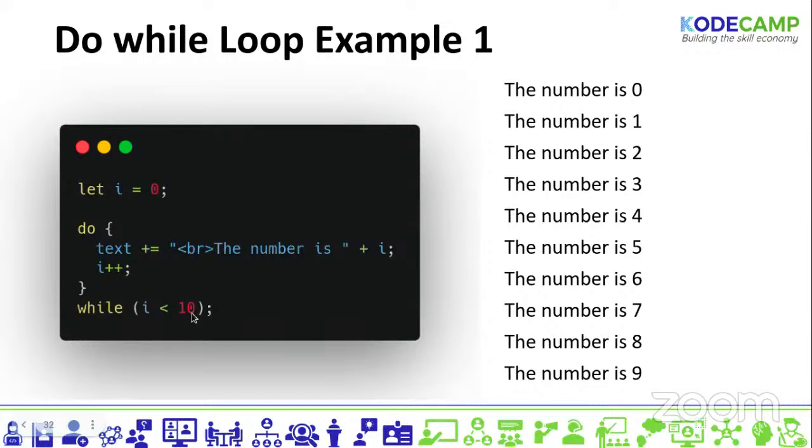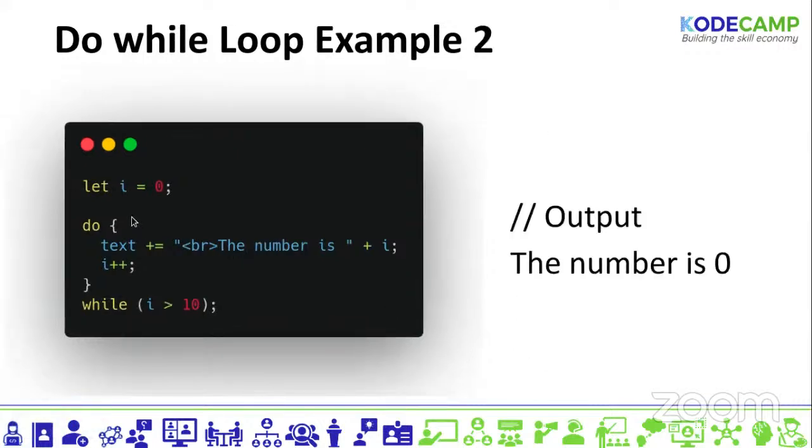Since 0 is less than 10, it will continue printing these numbers. But if we said print this number if I is equal to 0, and then we check, is 0 greater than 10? That's false. So at least it has printed the value once before checking if this value is true. So that's the difference between while and do while.